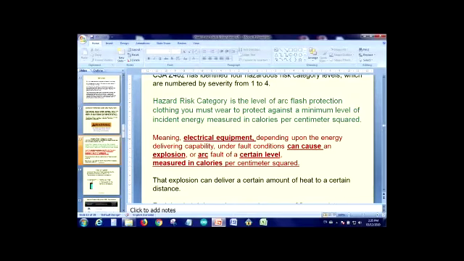Meaning that electrical equipment, depending upon the energy delivery capability under the fault conditions, can cause an explosion or arc of a certain level, measured in calories per centimeter squared. So the categories are classified according to the type of equipment and the amount of energy that the equipment can deliver under a total fault.